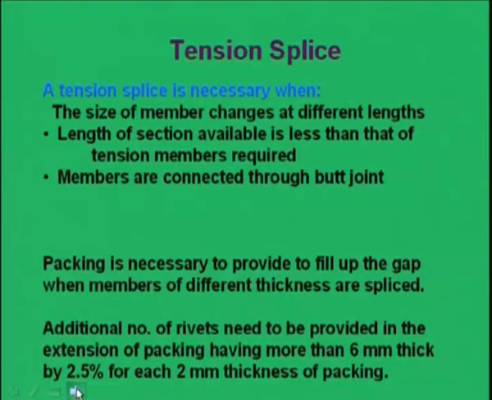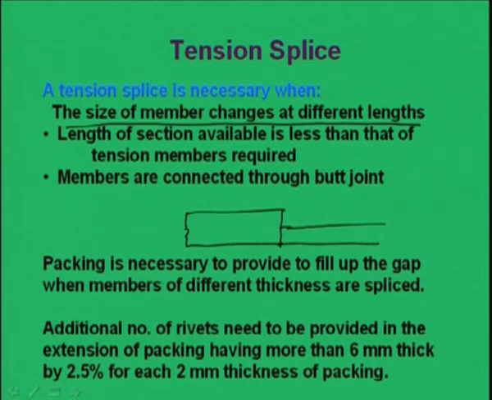Okay. Another thing is tension splice. So, tension splice is necessary basically when the size of member changes at different lengths. That means, if a member is like this and another member is like this, so this is your member 1, say member 2 and member 1.